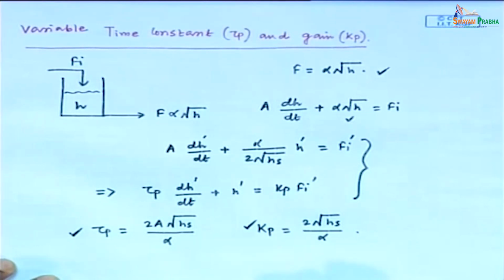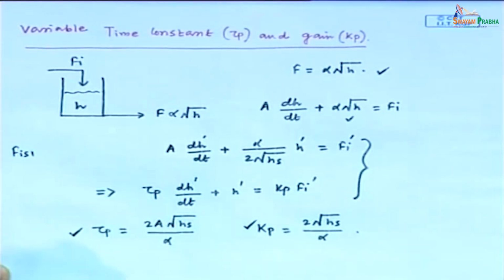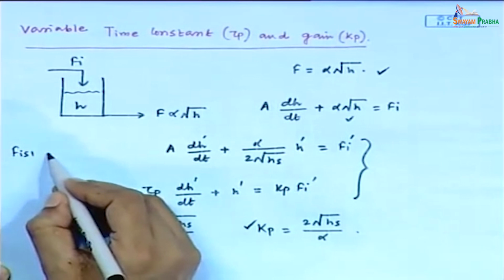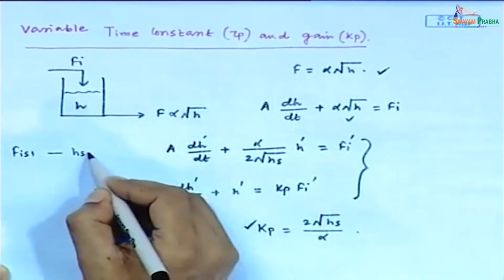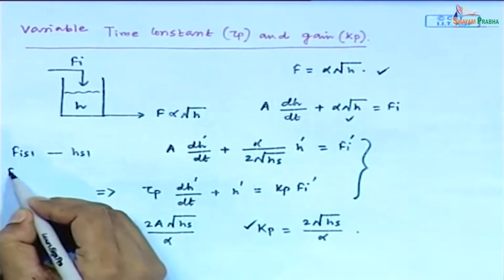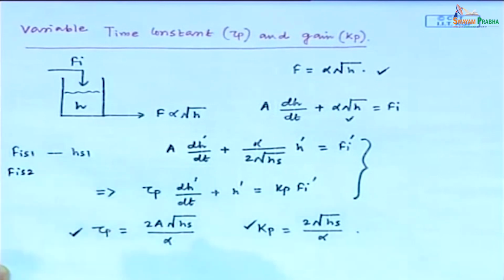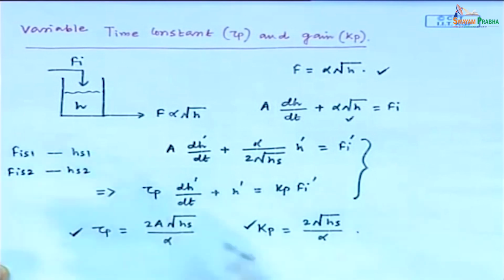Are they constant or variable? See, for a particular Fi value, suppose Fi is 1, we get the corresponding height, that is suppose h is 1. Fine. Now, if we change this Fi value to Fi is 2, we get a different height, that is suppose h is 2.